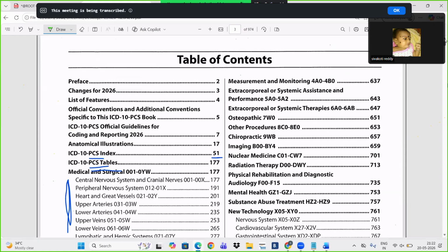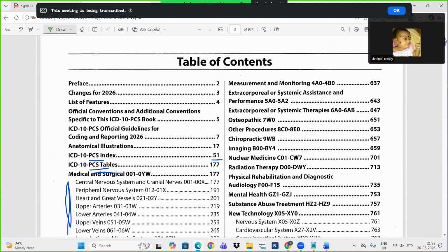So here, book leading check. First you need to open the table of contents. Opened. Who are having book leading doubt, you open the book or PDF or not? Yes, sir. Opened, no?